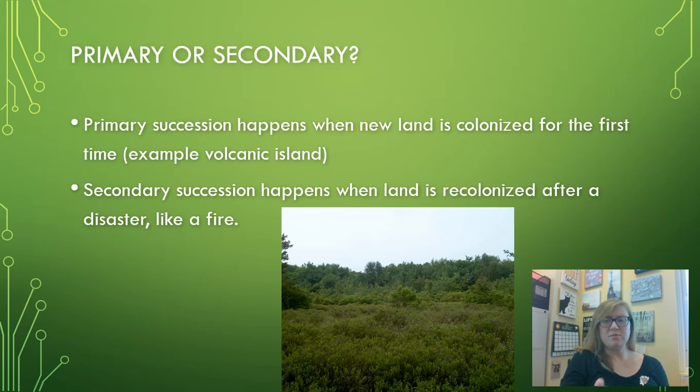So succession can either be primary or secondary. Primary succession happens when you have new land colonized for the first time. So you can imagine you have a volcano that kind of grows out of the ocean, lava forms, and maybe the volcano kind of stops being active. So we have this bare rock with nothing on it.